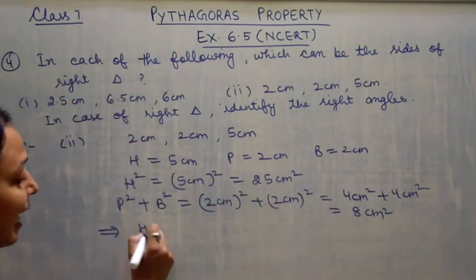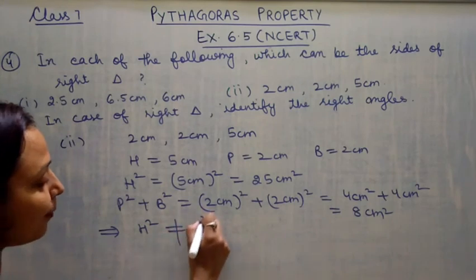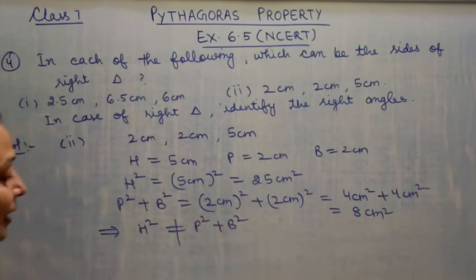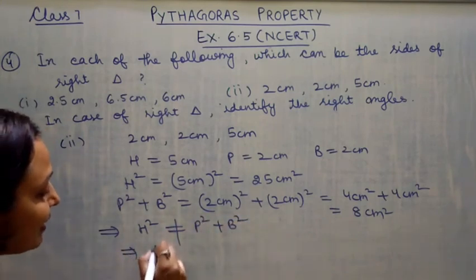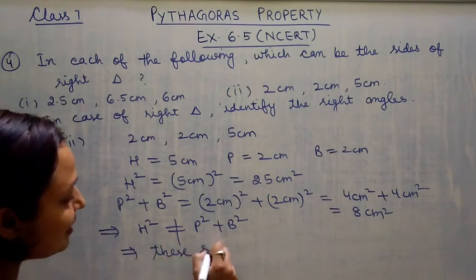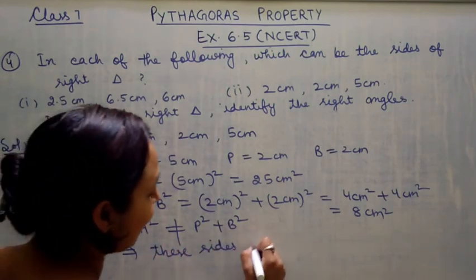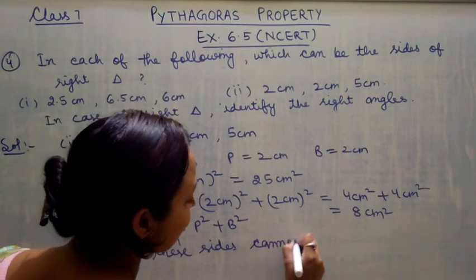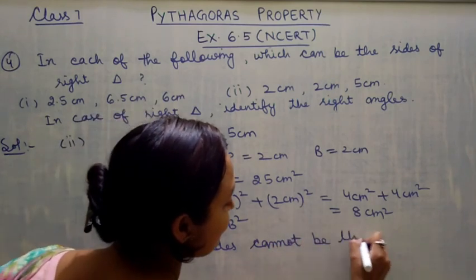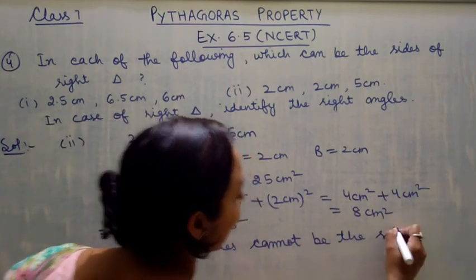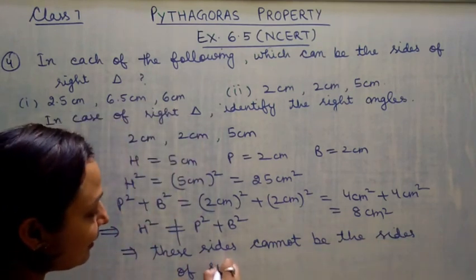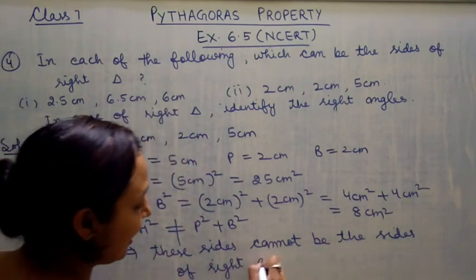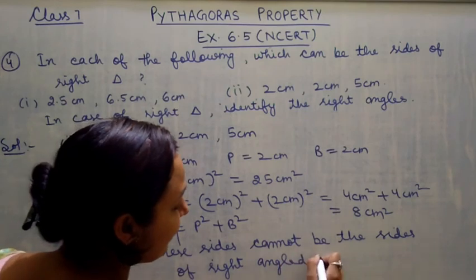This implies h square is not equal to perpendicular square plus base square. This implies these are not the sides of a right angled triangle.